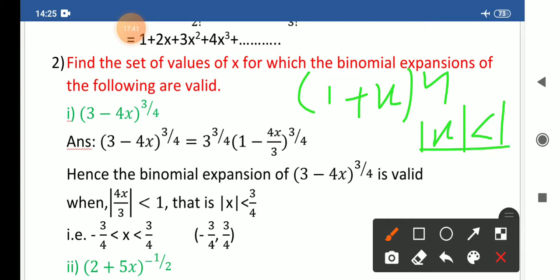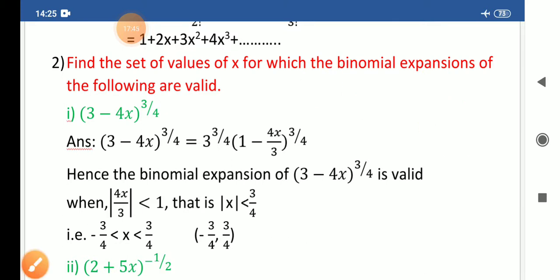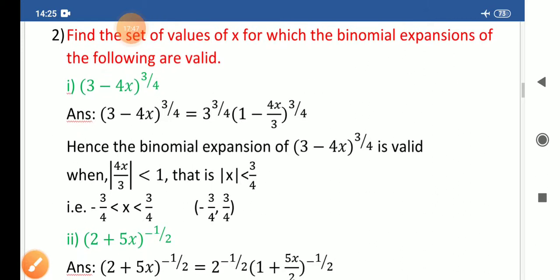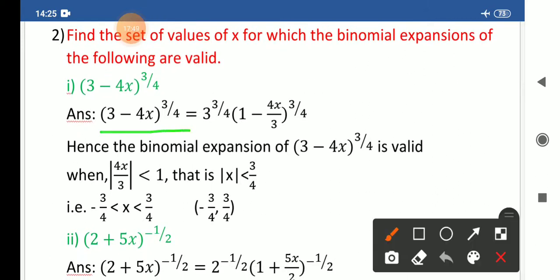For this, the first term must be equal to 1. Now we convert the given function 3 minus 4x power 3 by 4. For the first term as 1, we take 3 as common. But the power is also for this 3, so we write 3 power 3 by 4. From this term, if we take 3 as common, the remaining is 1. Minus, from this if we take 3 as common, 4x by 3. Power, write this 3 by 4.